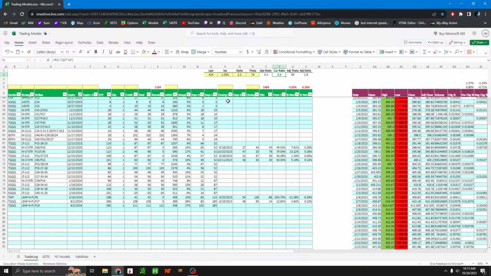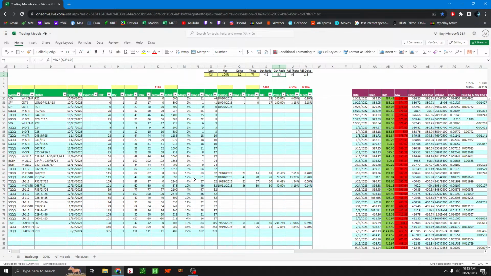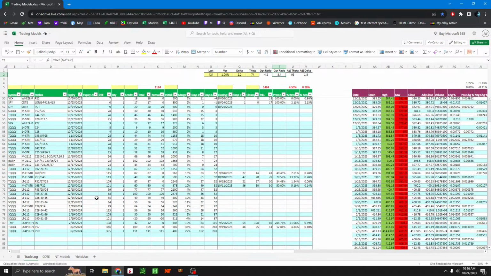Instead, I might look at my current 112s and see if there's anything I can roll or take off for a profit, or just take off some risk, which is what I've done in 2 of these. I still need to play around with that.